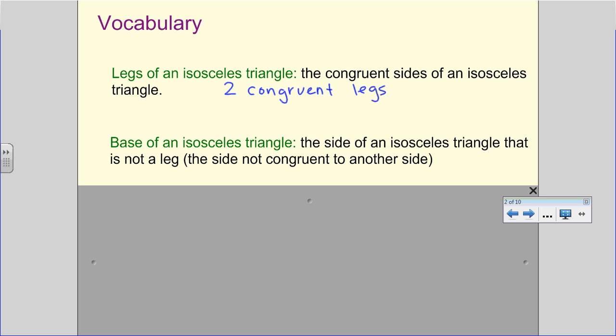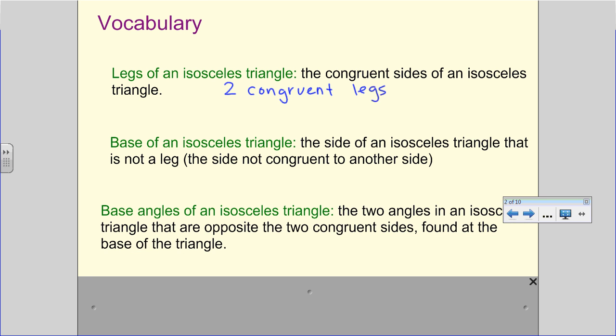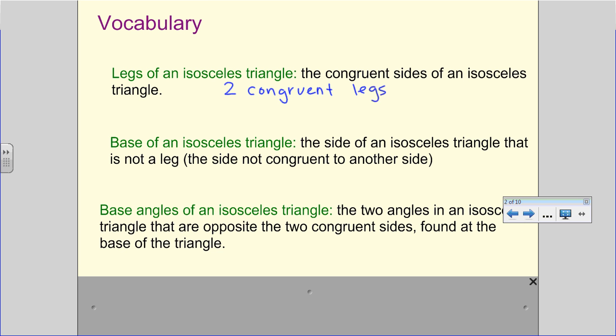So it's the side that is not congruent to another side. And then last but not least, the base angles of an isosceles triangle. Those are the two angles in an isosceles triangle that are opposite the two congruent sides, found at the base. So a lot of vocab there.